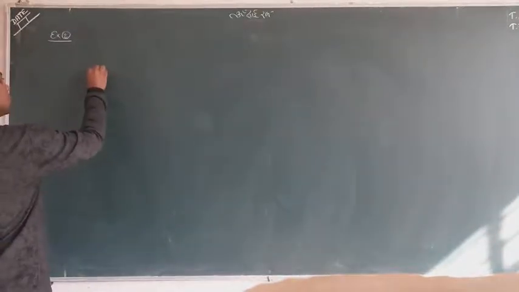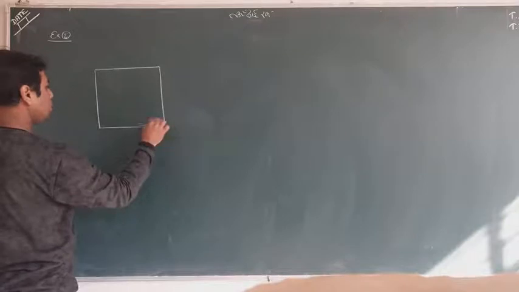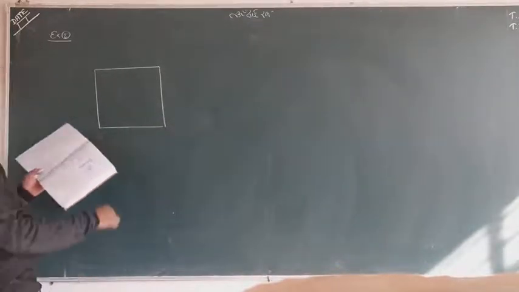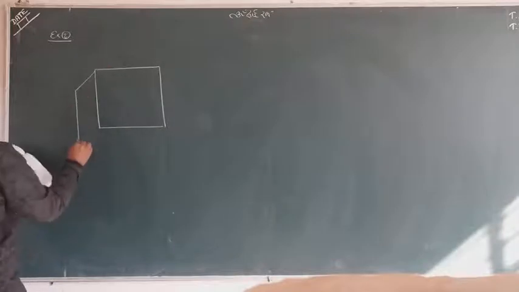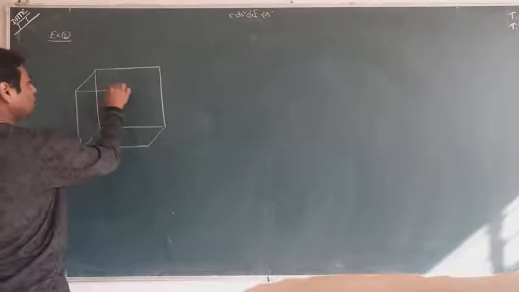What does the question say? We have a cube block, the shape of a cube, definitely whose edges are equal in length. So I am making a little bit of change in the figure, no matter at all.